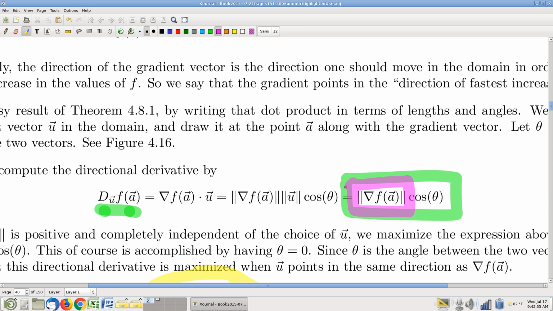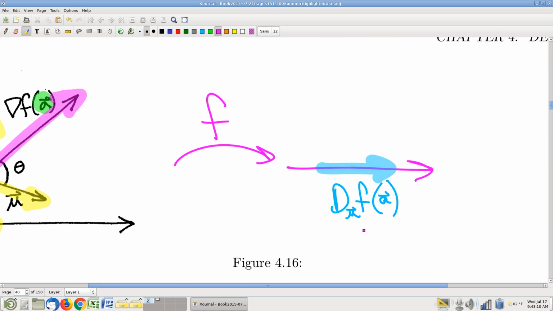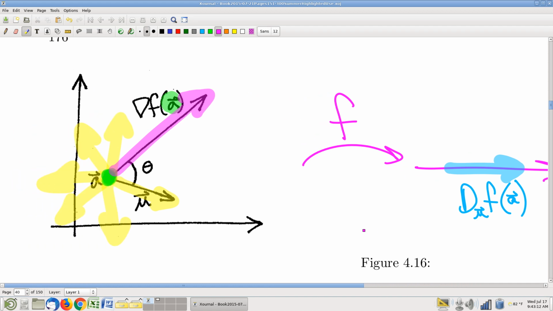So the question really boils down to very simply: how do I maximize cosine theta? That's what I want to maximize. If I can make cosine theta as big as possible, then I make this product as big as possible, which makes the unit directional derivative as big as possible. Back up to the picture. How do I make the cosine of that angle as big as possible?